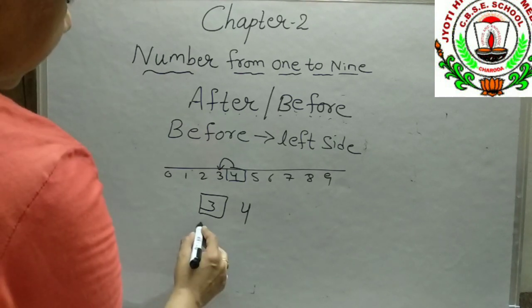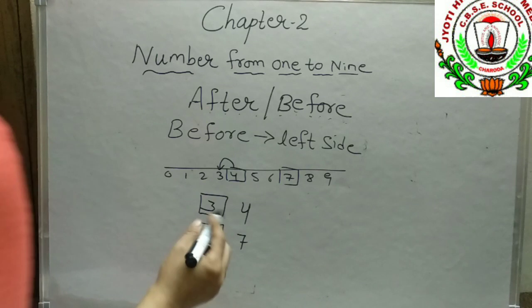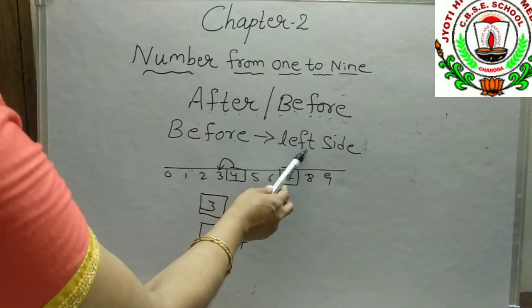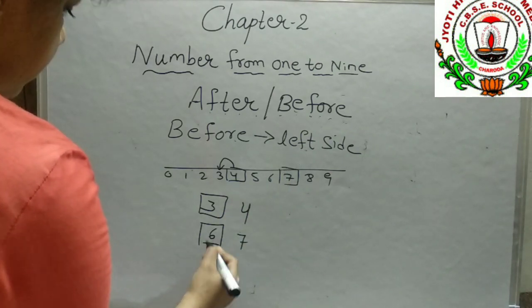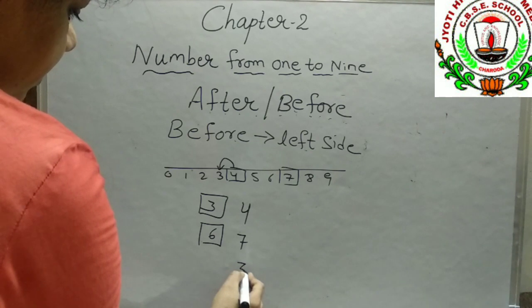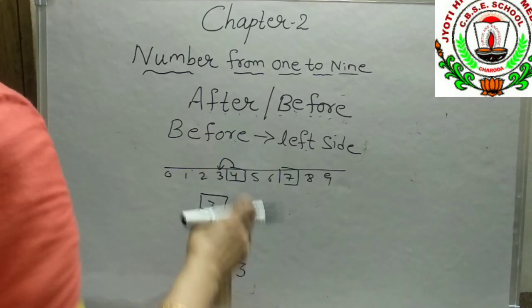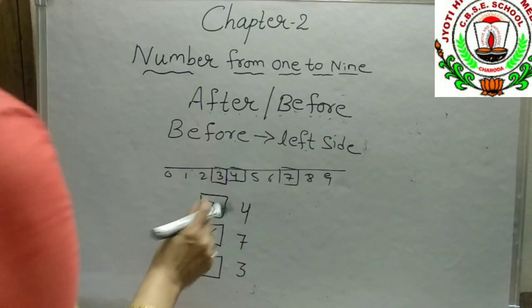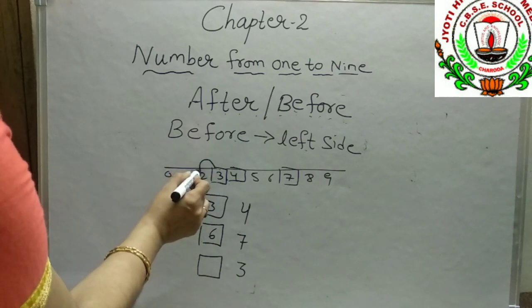Next, if I am taking 7. Where is 7? This is 7. Which number is before 7? Or we can say which number is on the left side of 7? It is 6. So we will write here 6. Which number is before 3? Where is 3? This is 3. Before 3 means the number which is on the left side of 3. It is 2.